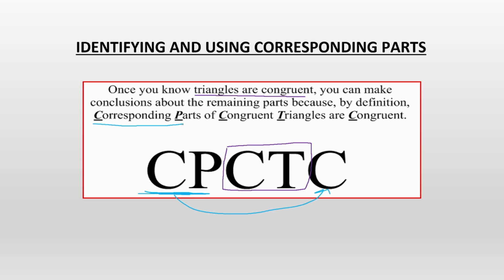So corresponding parts are congruent if I have congruent triangles. If I know the triangles are congruent, then I can say that all of their corresponding parts, the parts that would line up, would also be congruent. And again, you could swap out the word triangles with figures here, or polygons. This is just kind of a catchy phrase, CPCTC. We'll use it a lot in class, but that is what this means.